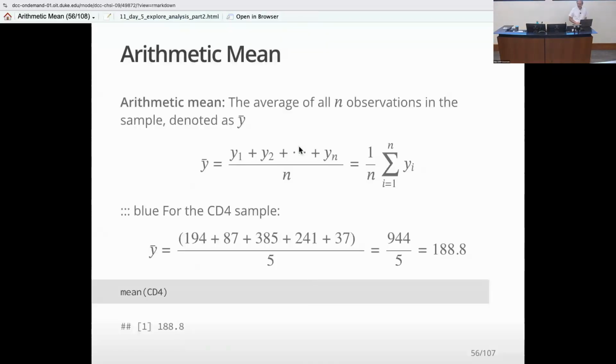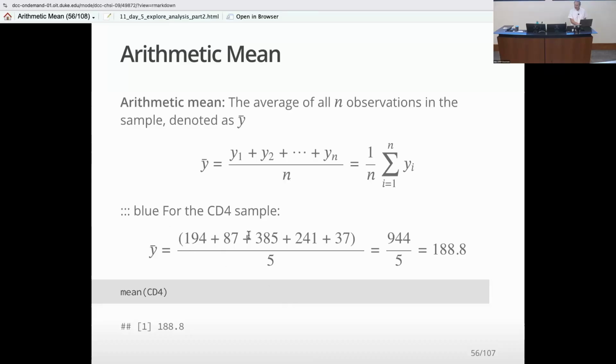We can now be slightly more complicated and talk about measures of location. Something I'm sure everyone's familiar with is the arithmetic mean, right? You just sum up all the values and divide by the total number of them. This is a simple way of saying that, an expanded representation.